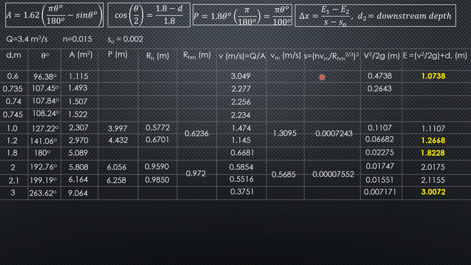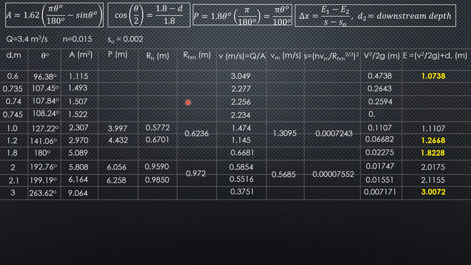So we also don't need this part. So just the velocity head. So 2.277 squared over 19.62 is 0.2643. 2.256 squared over 19.62 is 0.2594. 2.234 squared over 19.62 is 0.2544.